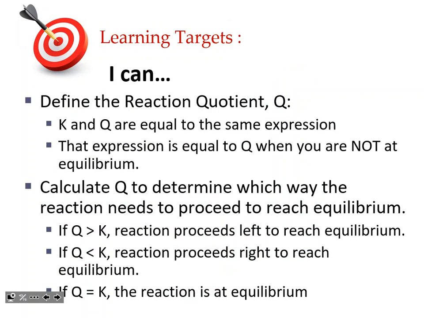So if it lies to the right, that means the numerator is bigger. So that's why K is going to end up being greater than 1. If it lies to the left, that means the denominator is greater. It is a greater amount. So that's why when you do the division, K is less than 1. You have to start really thinking about it in terms of the mathematical ratio.